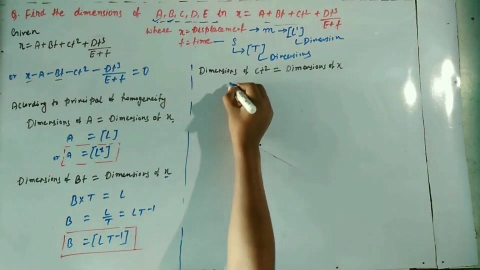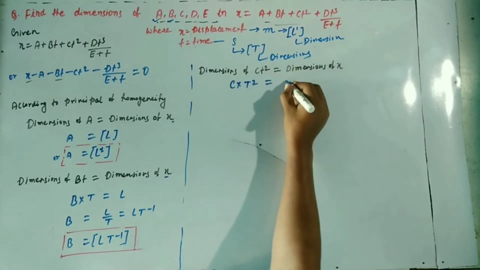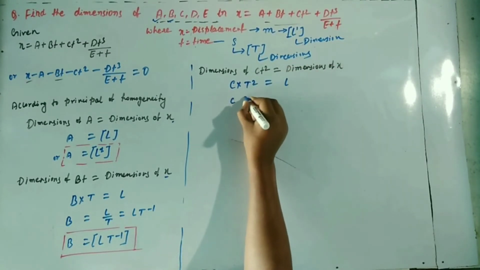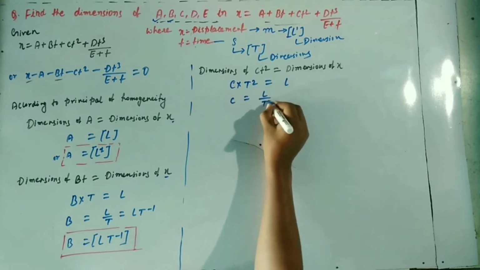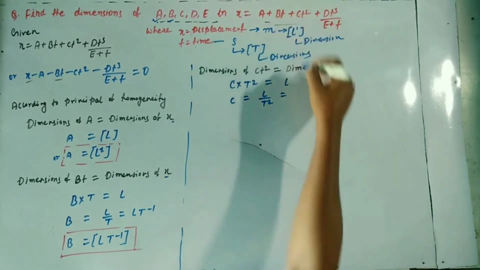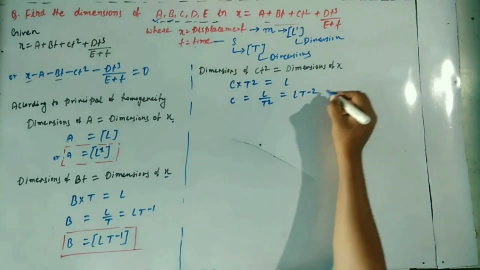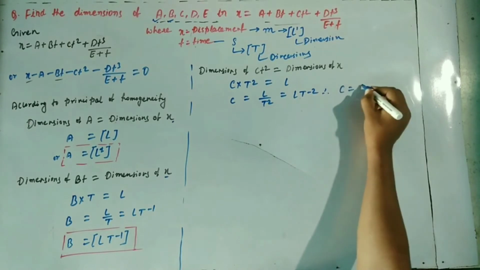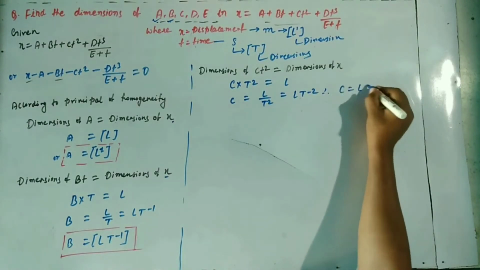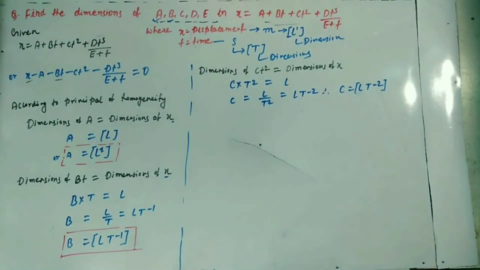Then c times T power 2 equals L. Then c equals L by T power 2, equals L T power minus 2. So the dimensions of c is L T power minus 2.